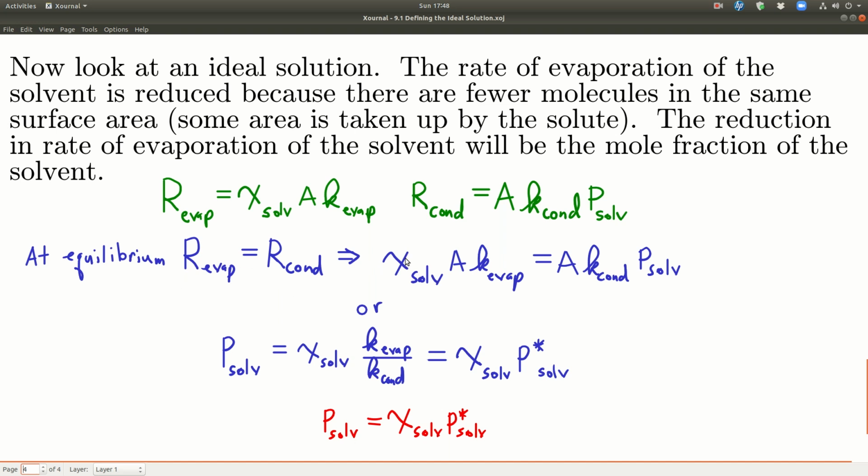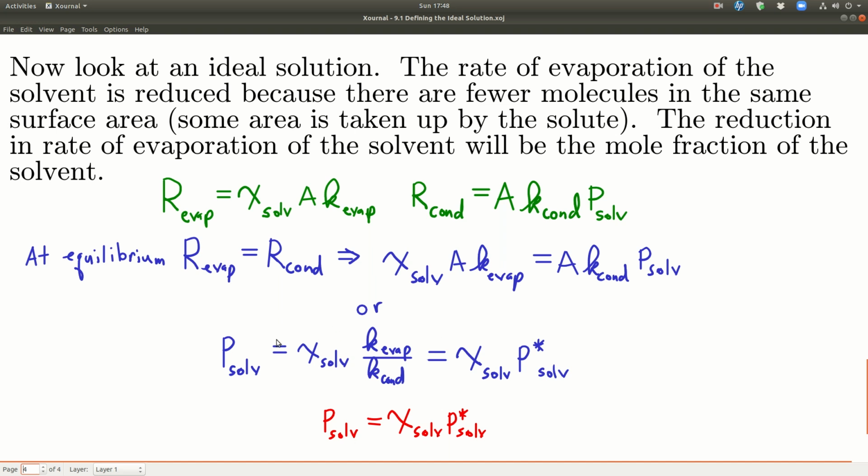So plugging these in, we get the mole fraction of the solvent times the surface area times the rate constant of evaporation is equal to A, k condensation, pressure of the solvent. Solving this equation for the pressure of the solvent in this solution, the A's cancel again.